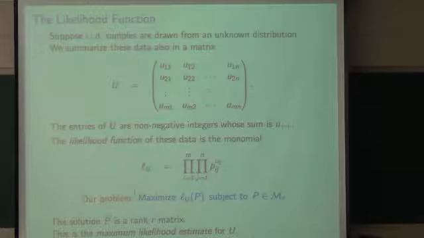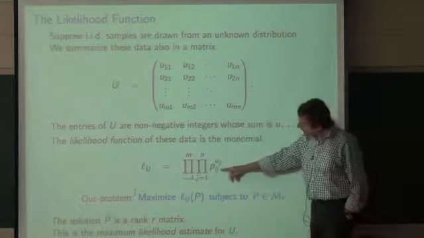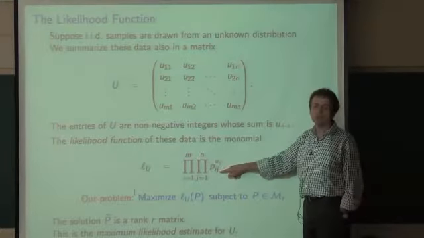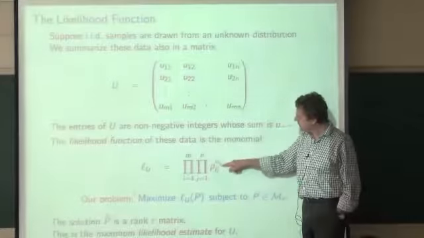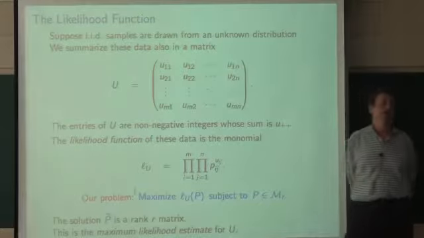Now we're going to look at the following question. We're going to look at the so-called likelihood function of the data. The likelihood function is simply the monomial represented by U. So the matrix U represents a monomial, and I simply take the product of Pij, the unknown probability, raised to the power Uij.